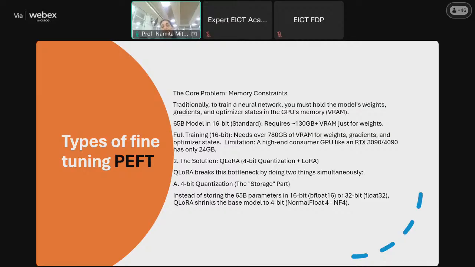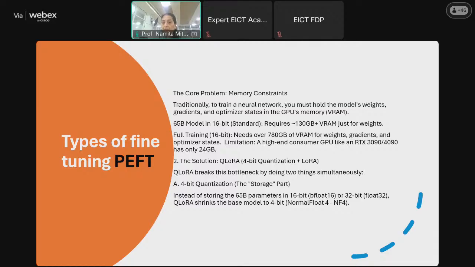We can take GPUs on rent from the cloud, on a subscription or rental basis. But the other solution is QLoRA. QLoRA is a quantized LoRA. Here, instead of 16-bit, we do it in 4-bit. QLoRA breaks this bottleneck by doing two things simultaneously.